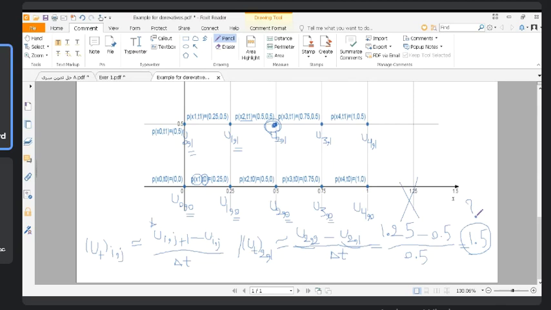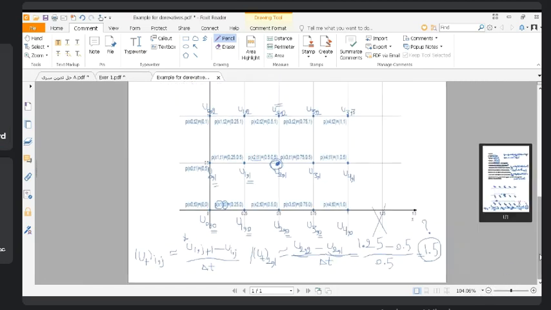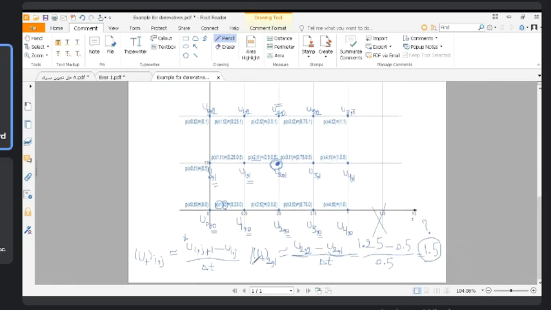For what? For u or for the derivative of u? For u respect t. Please attention: ut at x2 and t1, not u. We approximate ut. This is the derivative of u. 1.5 is the approximate of the derivative of u respect t.